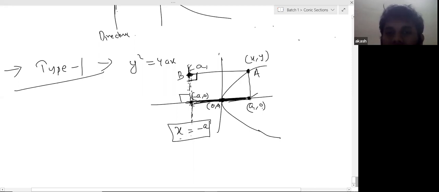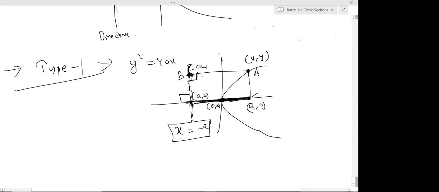Shravya, can you tell me the coordinates of point B?